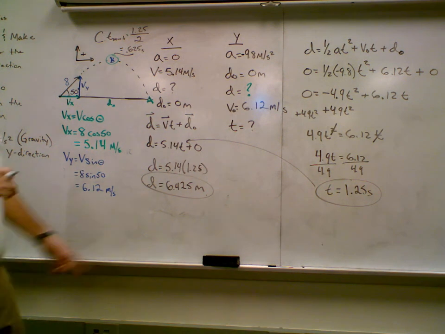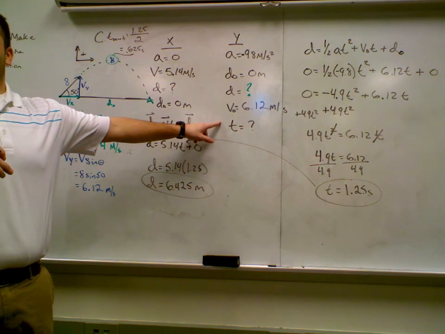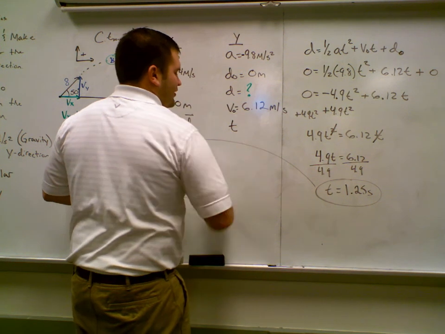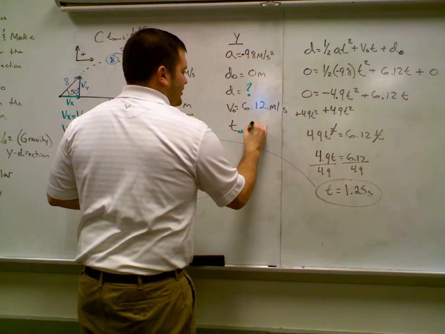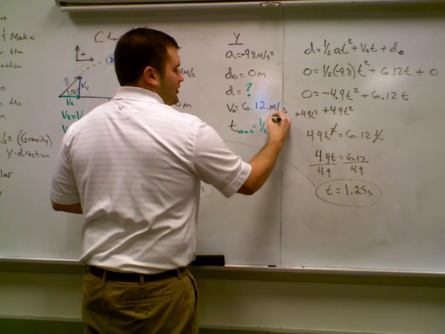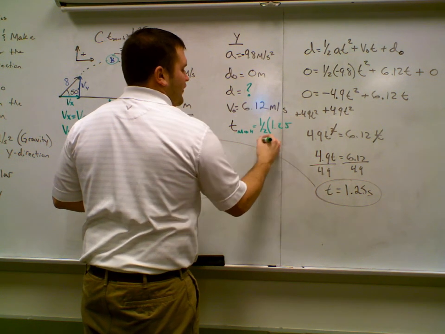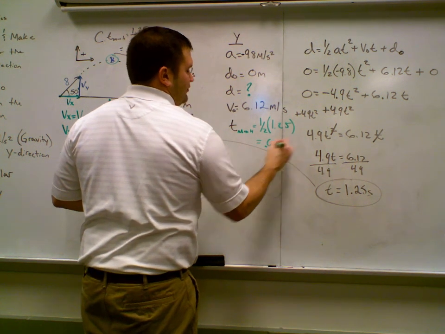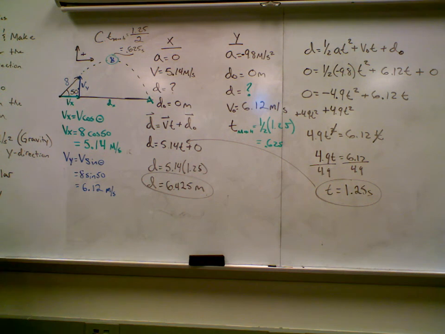Okay. Do we know time? Yeah. Time was the half of 1.25, right? Because time max height equals half of total time, right? So half of 1.25, which we said was 0.625. Okay.